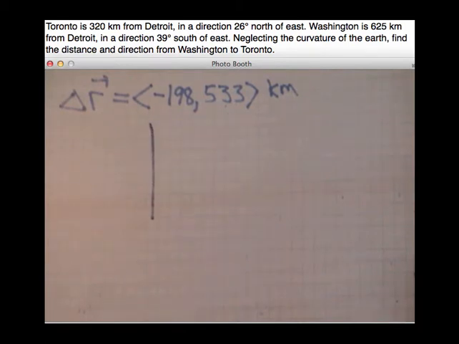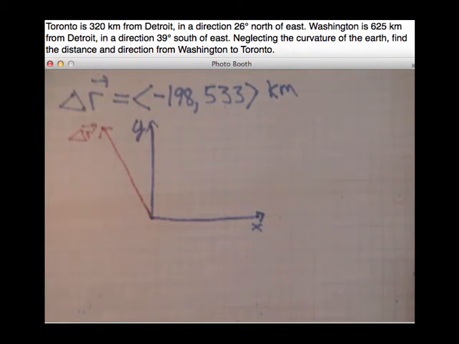set of axes, y and x. And I'm going to draw my vector delta R on these coordinate axes with the tail of the vector emanating from the origin. So delta R will look something like this.